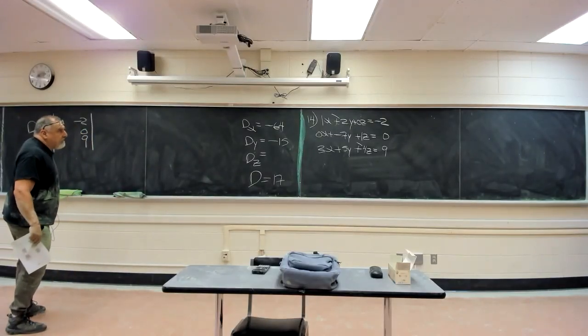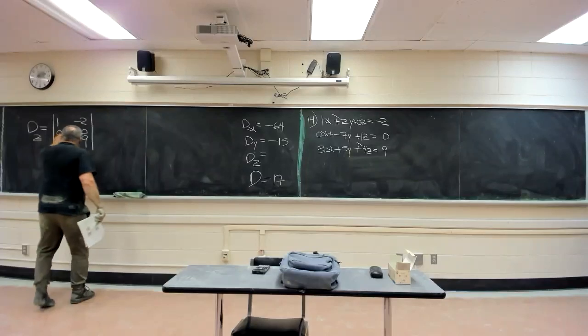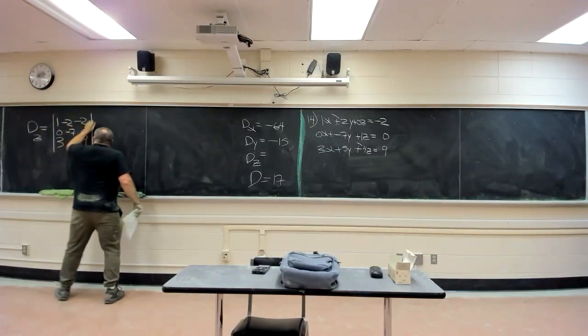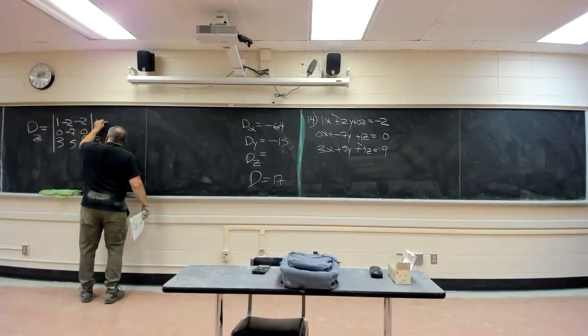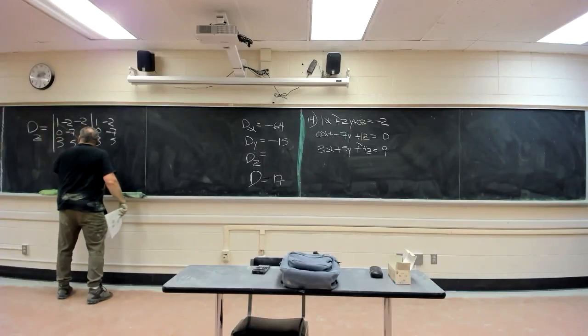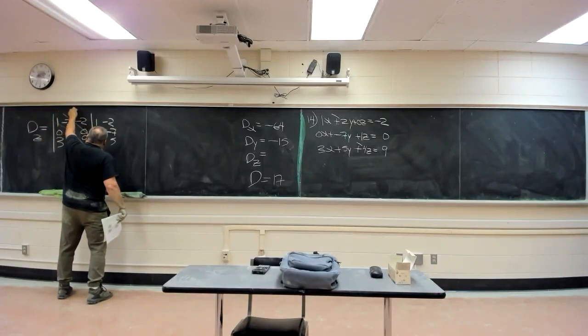Then you got negative 2, negative 7, 5. 1, 0, 3, negative 2, negative 7, 5. You go here, you go here, you go here.